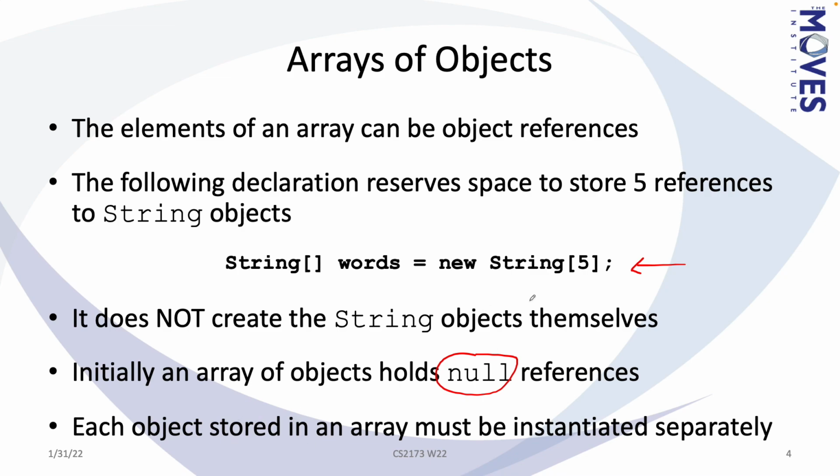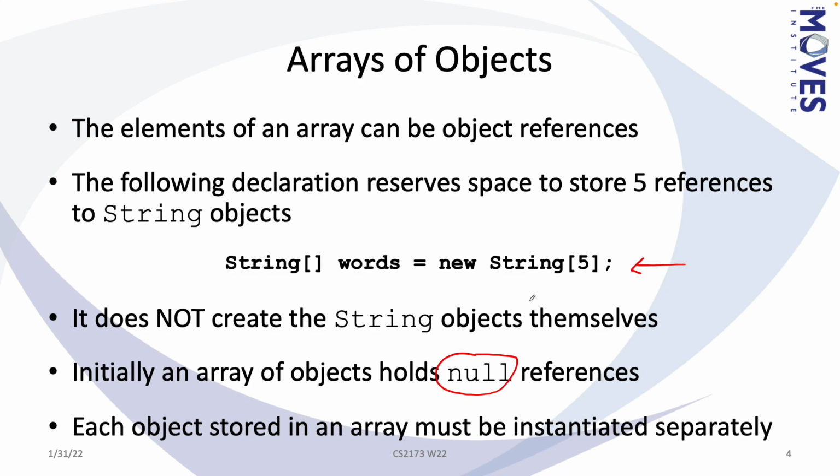If it's a primitive array, then the initial value is the default value of that particular primitive type. If it's an int, for example, the default value of an int is 0. So if I instantiate an array of ints, before I assign anything, they will all be 0.